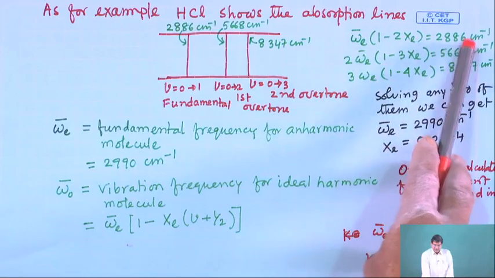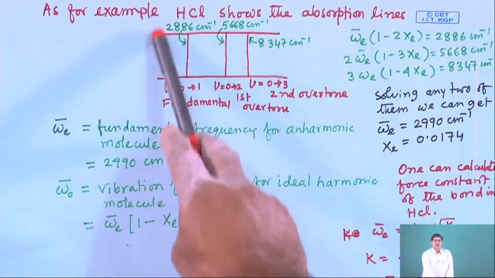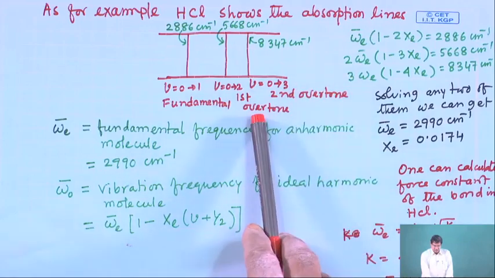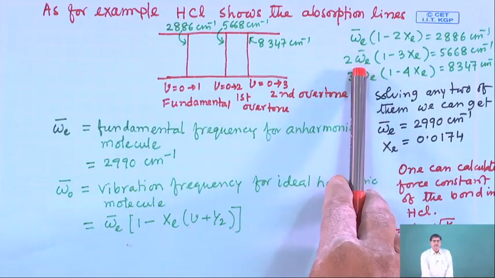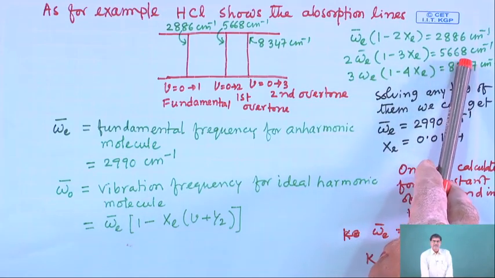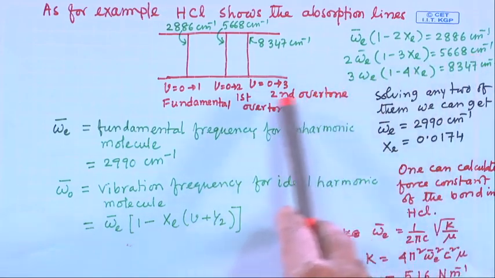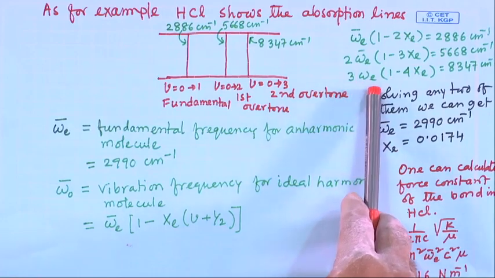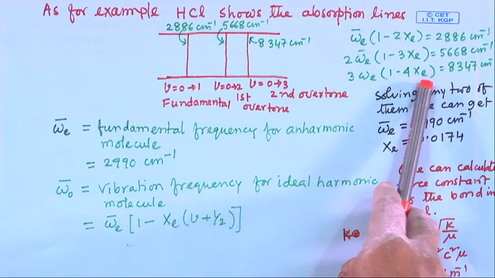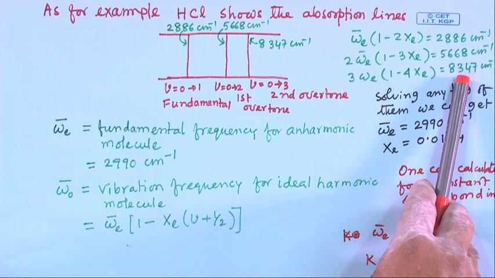That will be equal to 2886. The first overtone, 2 omega E (1 minus 3 x e), equals 5668 centimeter inverse, and the second overtone, 3 omega E (1 minus 4 x e), equals 8346.